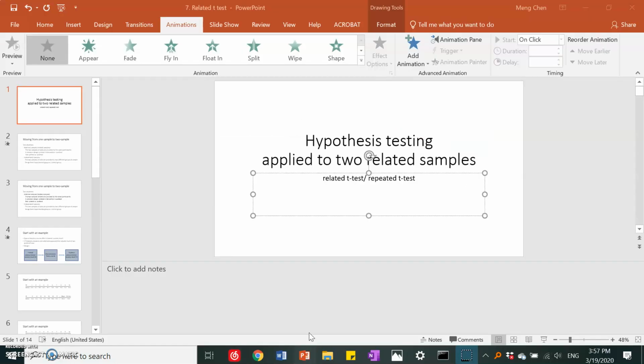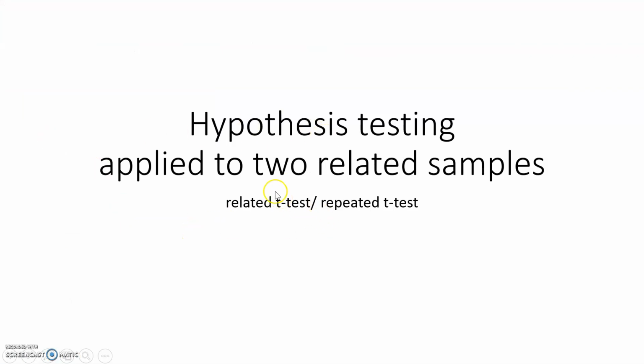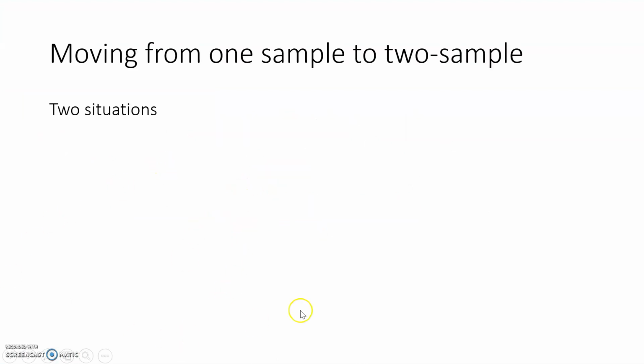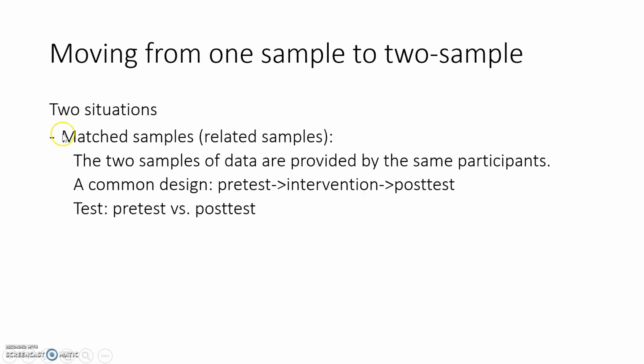So let's go back to our lecture here. When we speak of comparing two samples, we may have two situations or two scenarios. The first one we call matched sample or related sample. So we have two samples of data here.